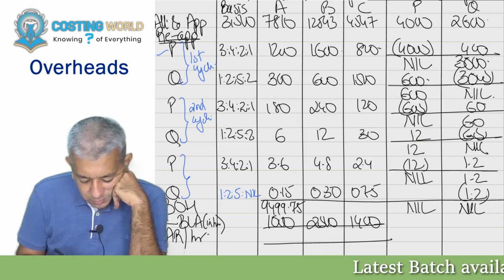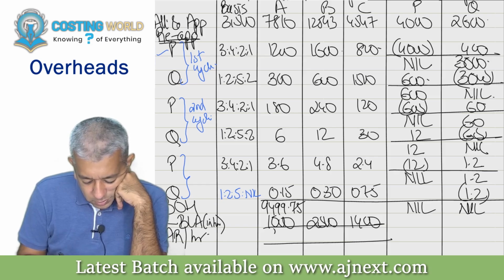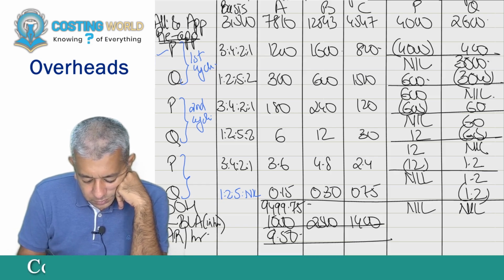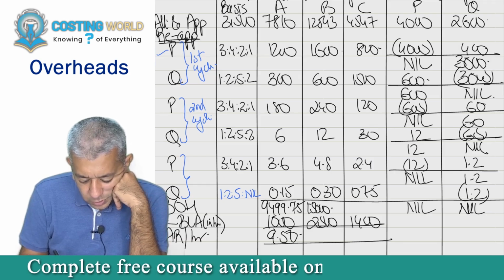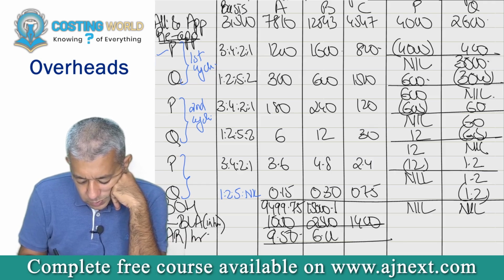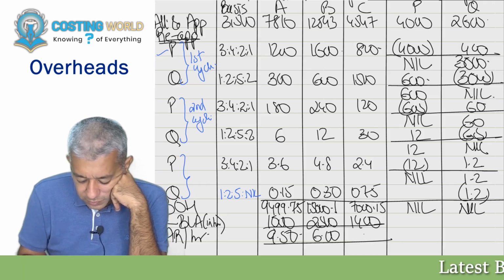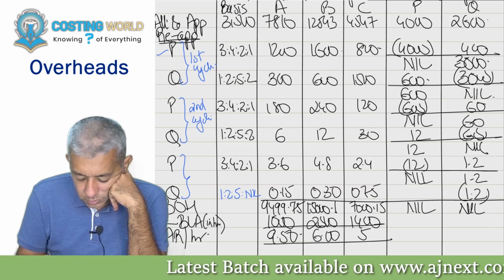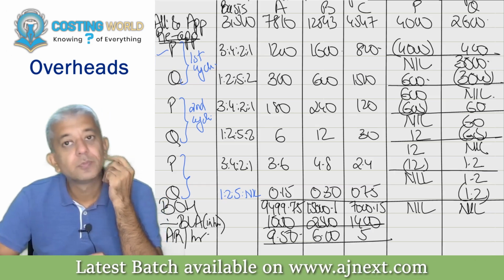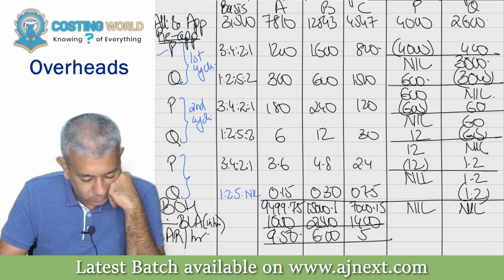Yes, sir. Okay, so this is 9.50, I guess. 15,000.1, 6 rupees. 7,000.15, 5 rupees. Job done.